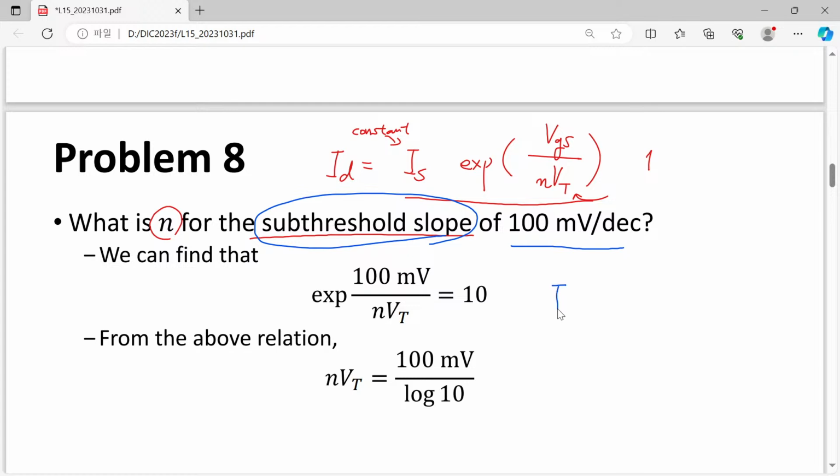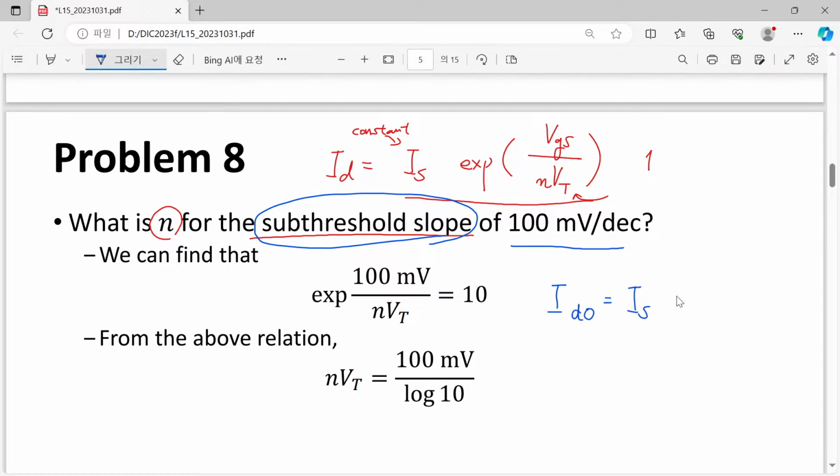Let's say that we have a certain voltage VGS0, and N times VT.